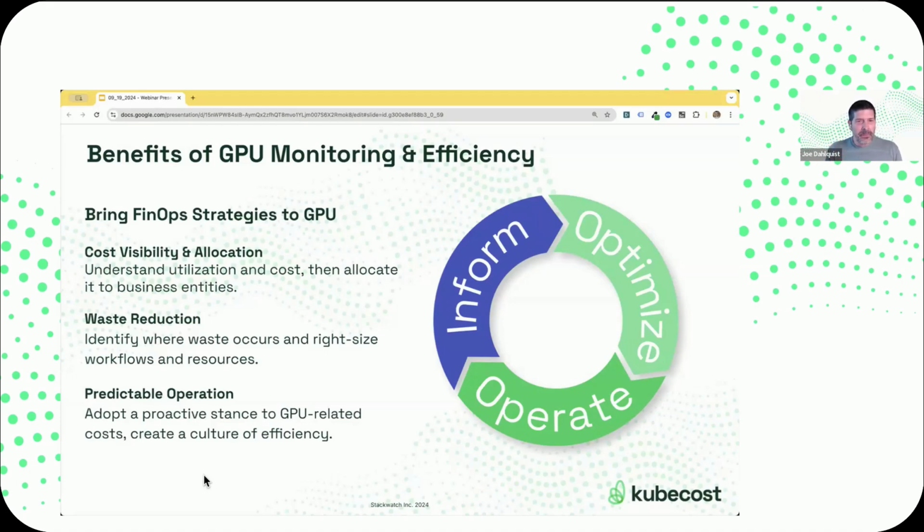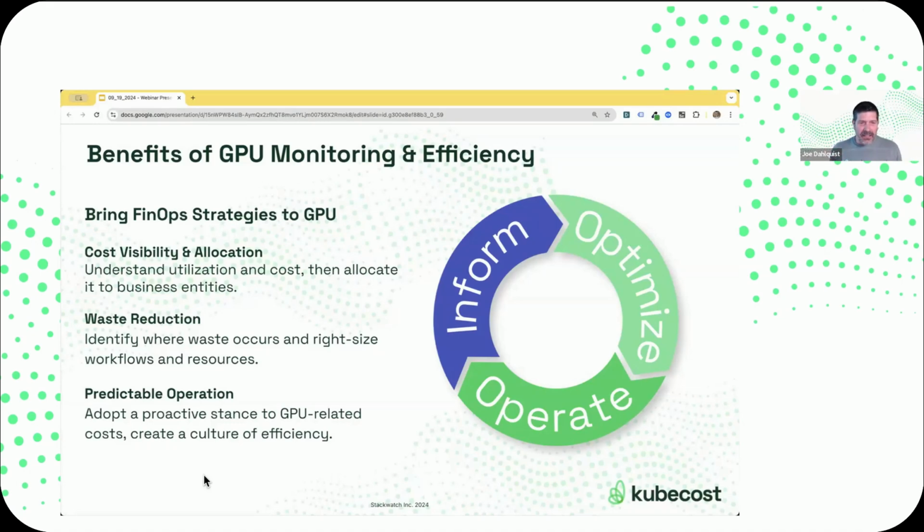And those are some of the benefits of what we've built and what we've brought to market here. GPU monitoring and efficiency allows us to bring FinOps strategies to the use of GPUs and the construction of AI and machine learning based products as we go forward. By doing that, we can achieve cost visibility, cost allocation. We can start to instill this kind of culture of efficiency instead of being reactive about it.